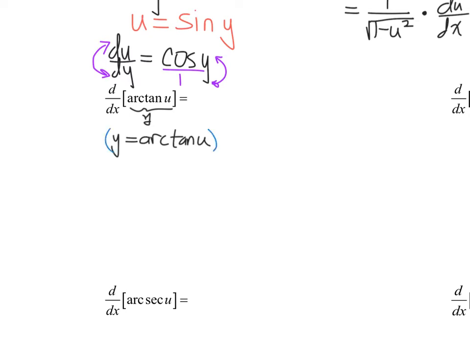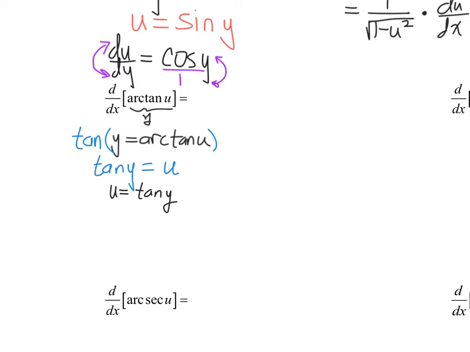So we're looking at tangent of y on the left-hand side, and then the tangent of the arctangent of u, which would be u. So u equals tangent of y.